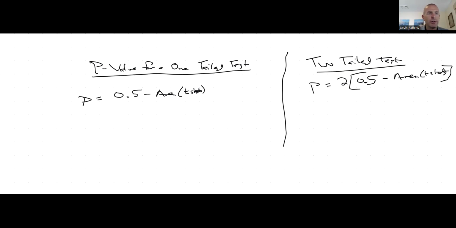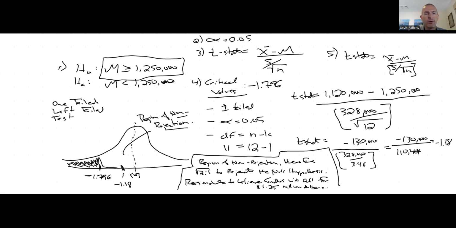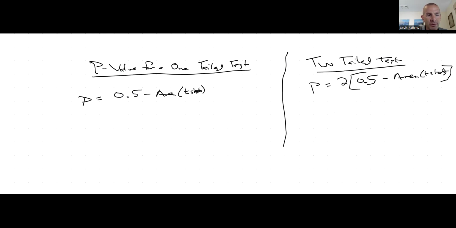Our test statistic was negative 1.18, which means we need to do 0.5 minus the area associated with a test statistic of 1.18.